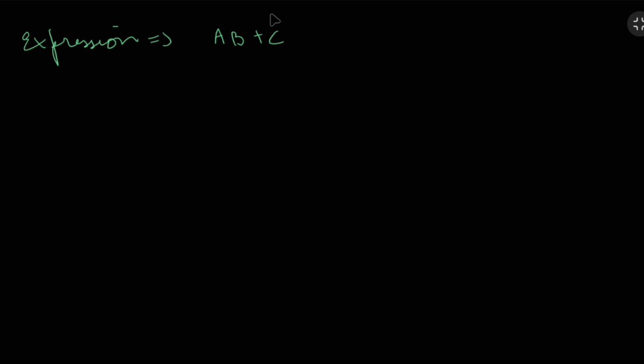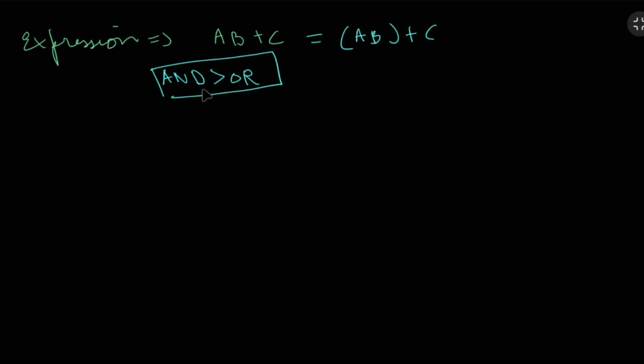And you already know that this expression is same as this expression, since the precedence of AND is more than OR. So first you have to do AND then OR.